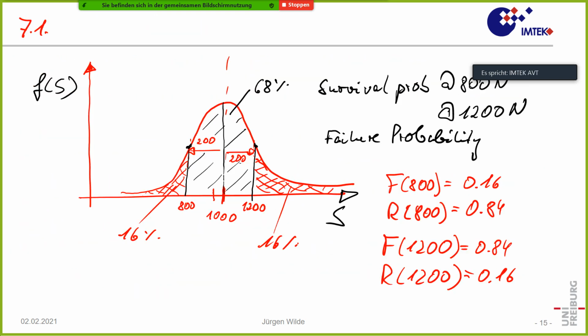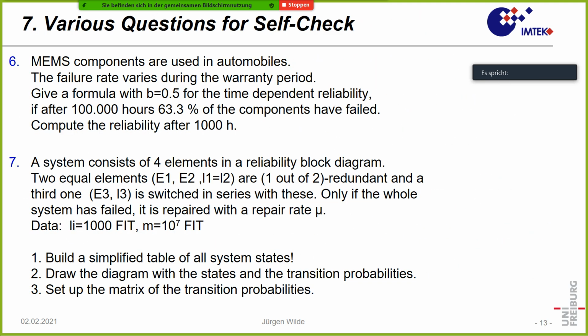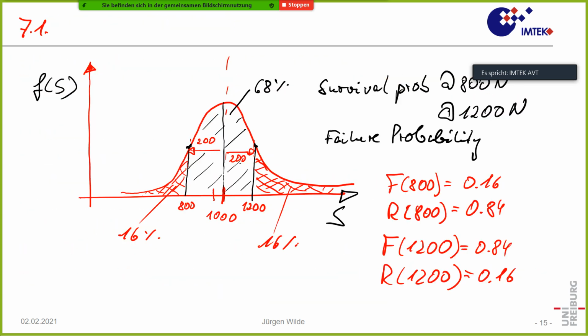How do we solve that? So, that is something f of t, and again, let's come back to the question. Reliability after 1,000 hours.